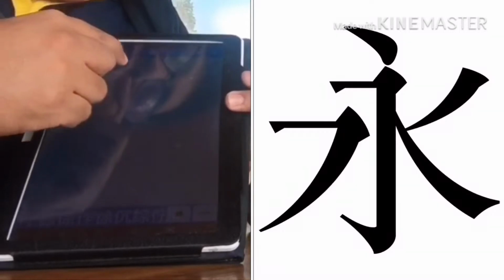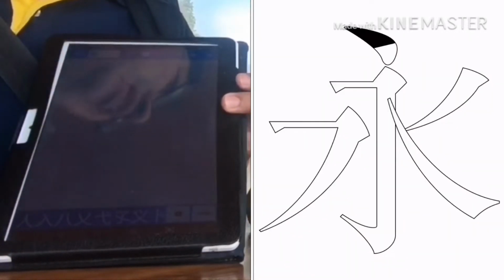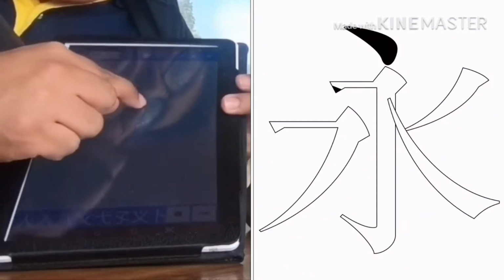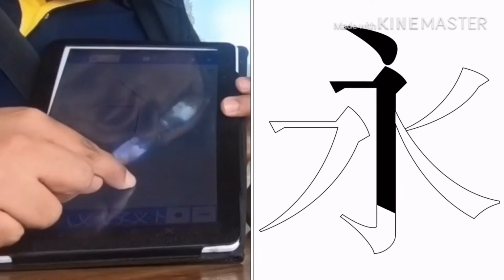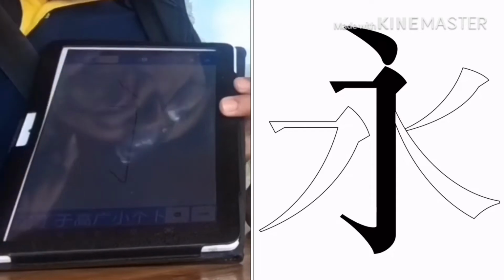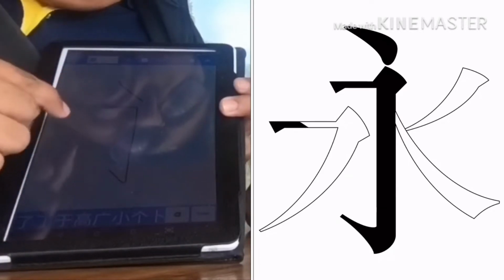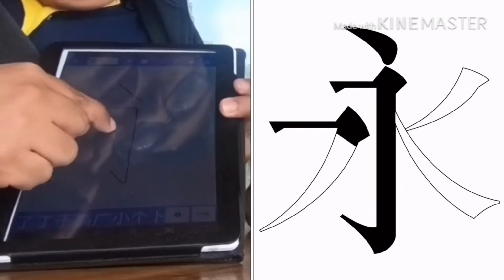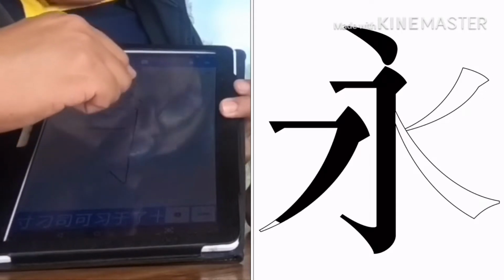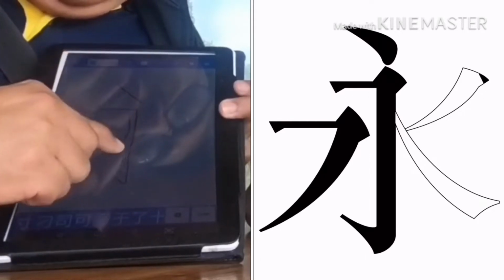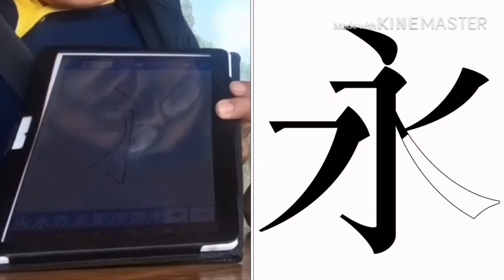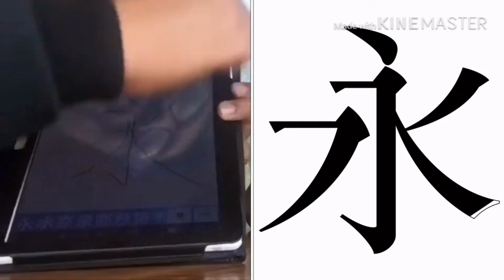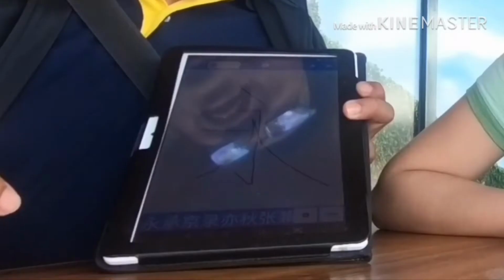So we have here the falling diagonal stroke, and then short horizontal stroke, long vertical stroke, and then hook, and then horizontal line, and then diagonal, and then another diagonal line, and then another sweeping line over there.